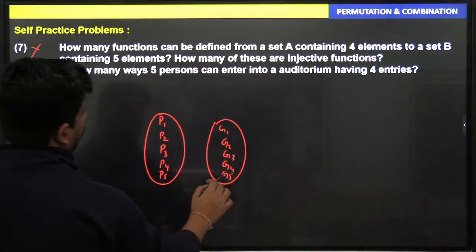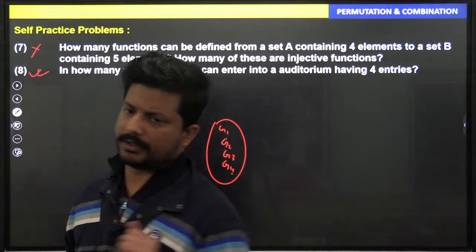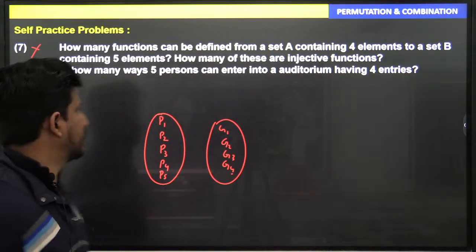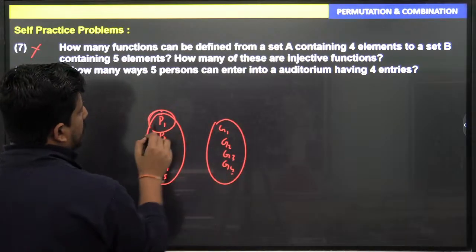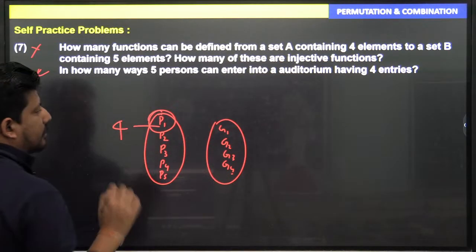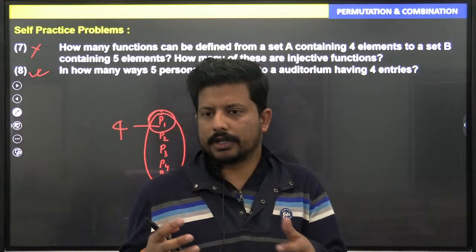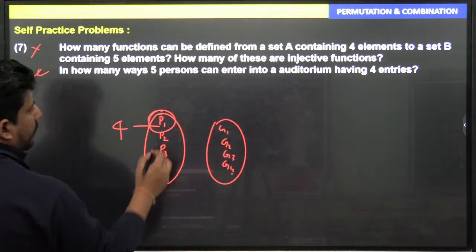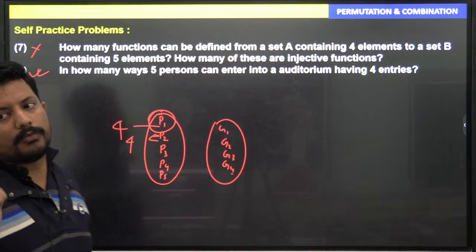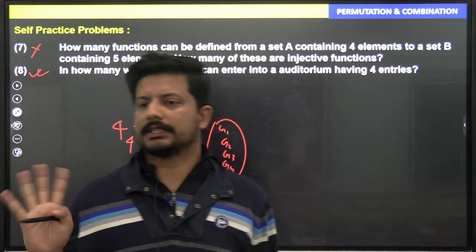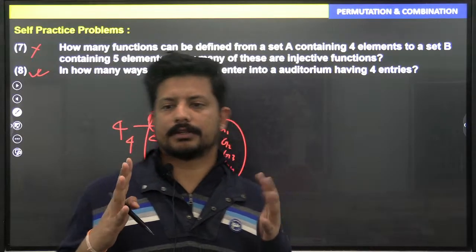So one person can enter in how many ways? This person has how many choices? 1, 2, 3, 4. So this person has 4 choices. Yes or no? They can enter through either G1, G2, G3 or G4. Now how many choices does this person have? There is no restriction that only one person comes from one gate, there is no objection. So this person also has 4 choices.